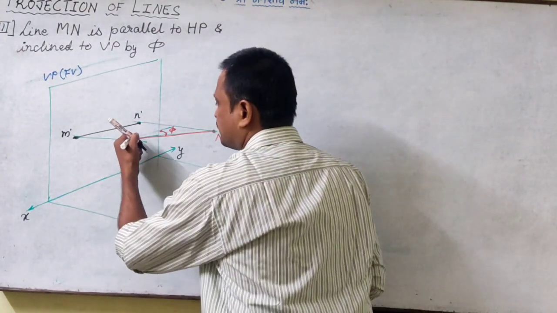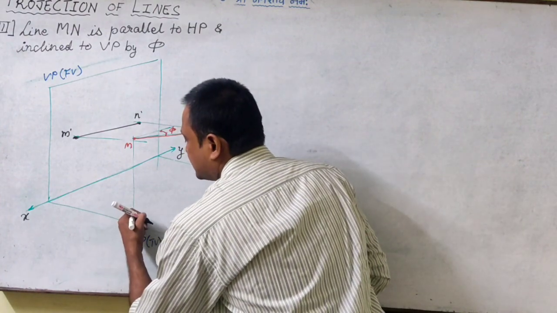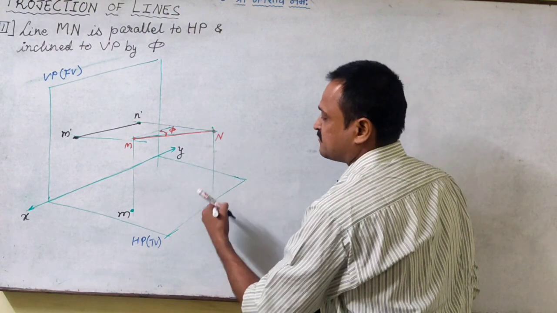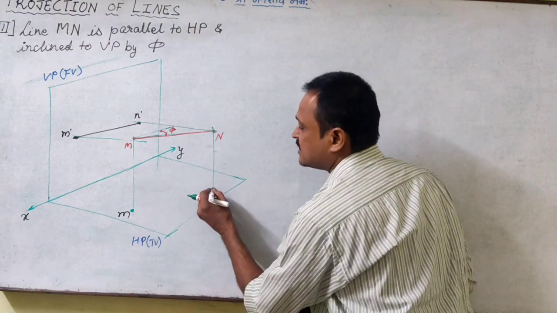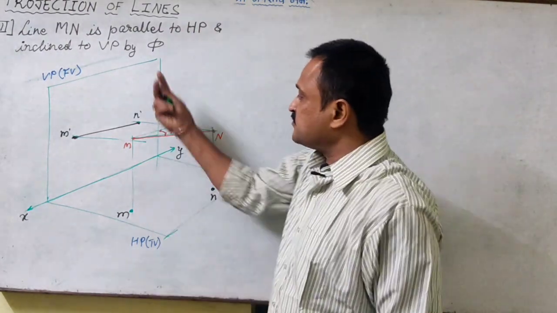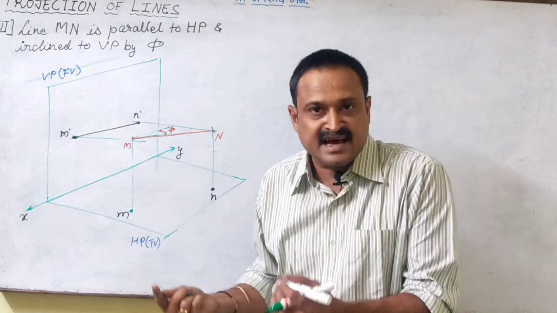Then for the top view, we will drop the projectors for M. Here maybe I get the top view image as M, and then I drop the projector for N. Somewhere here I get the top view image as N. Now when we are looking at it from the top, the distance of M from VP and N from VP, they are different.